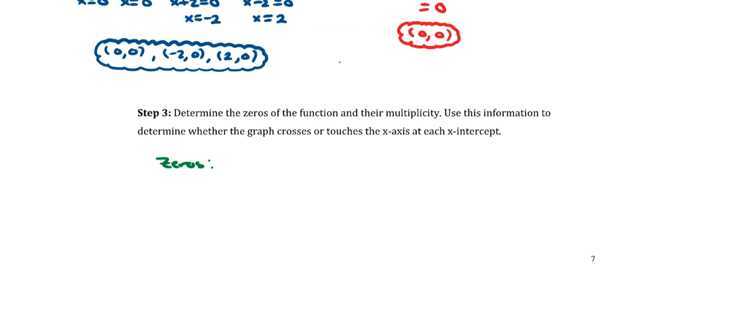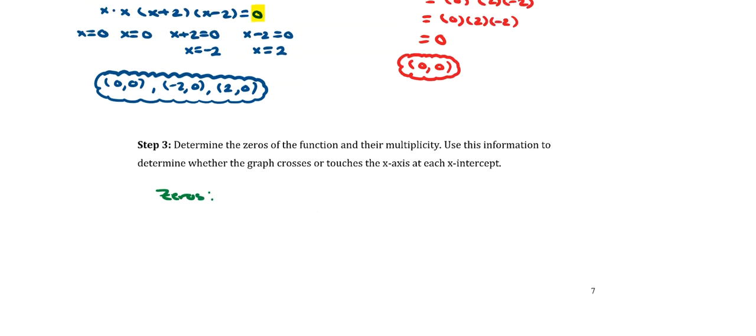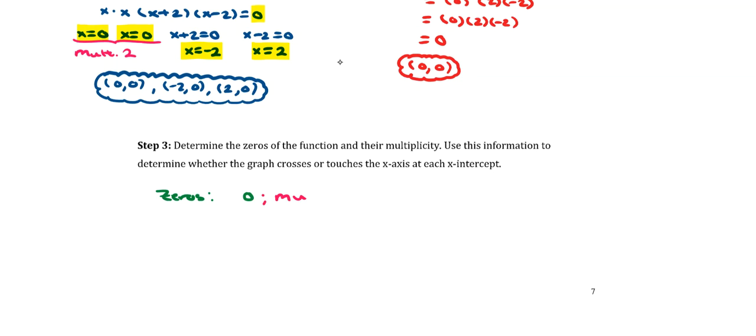So let's talk about the zeros. The zeros are actually something that we found back in step 2. We have x equals 0 as a 0. We also have -2 and +2. Do note, though, that x equals 0 showed up as an answer twice, so it has a multiplicity of 2, which I'll indicate right after writing the 0 out.